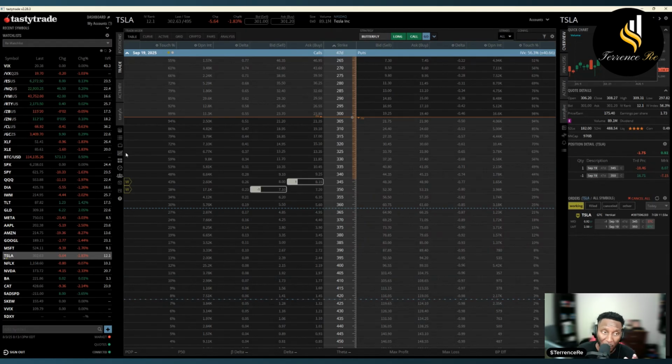Now, if the VIX is going to continue to run higher, that means options are going to become more expensive. That means that this is premium selling time. The only thing about this, which has me a little perplexed, is the IV rank on these options is still below 30.